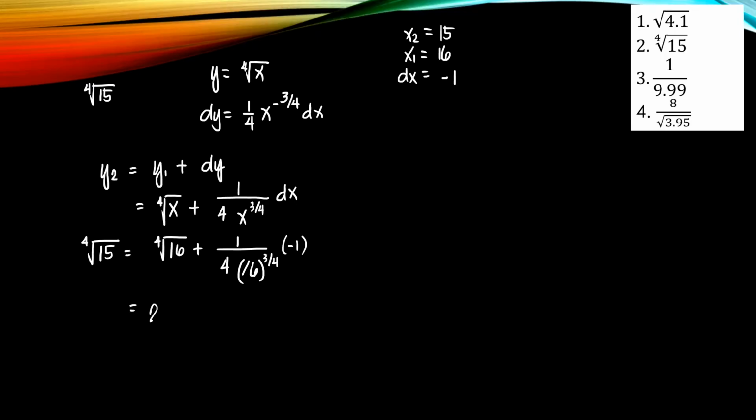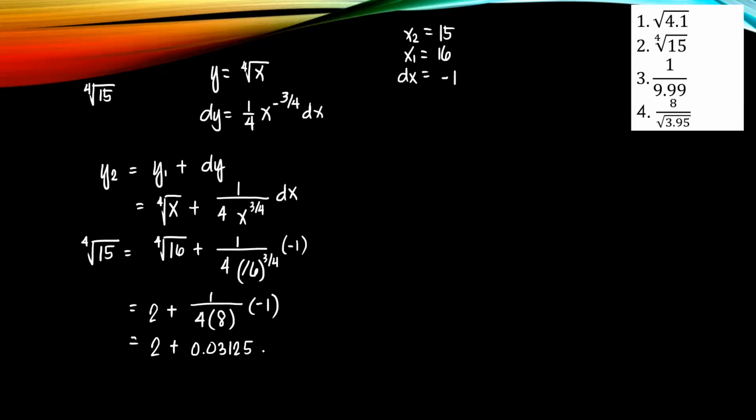The fourth root of 16 is 2, right? Plus 1 over 4. And then this one, the fourth root of 16 is 2, guys. Cube, that is actually 8, times -1. 1 over 4 is 0.25, divided by 2, guys. 0.125, right? 0.25 divided by 2 is 0.125, divided by 2 again is 0.0625, divided by 2 again is 0.03125.